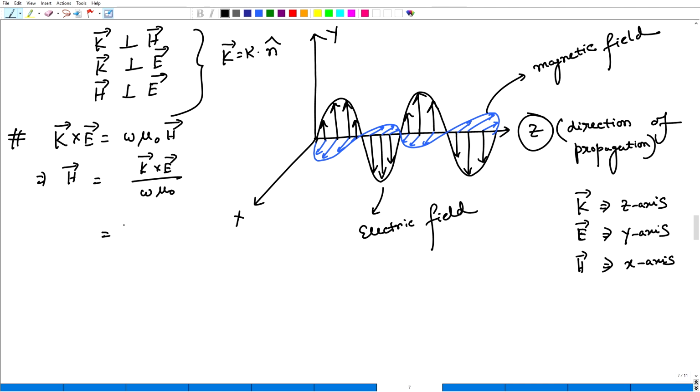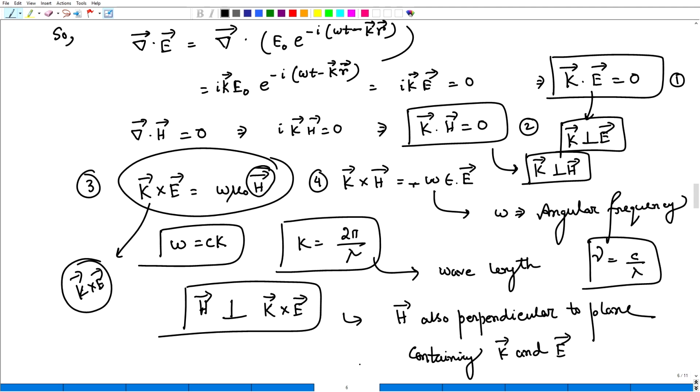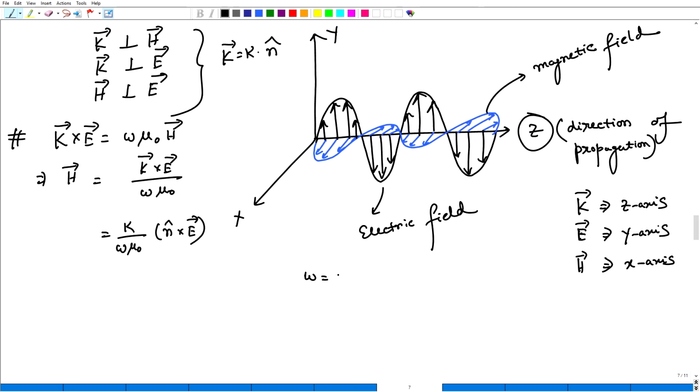So, we can write kappa omega mu naught n cap E. Again, what was the form? Omega equal to c times kappa. So, this can be written as c omega naught.